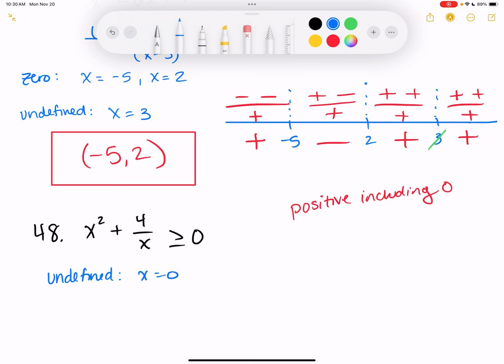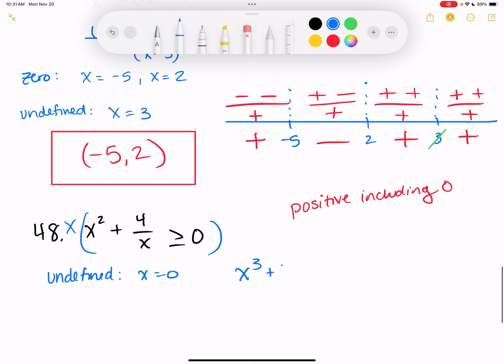So what I'm going to do is multiply this whole thing by x, because that gets rid of this x on the bottom. But I still need to note that this x equals 0 exists, because obviously there's a problem there, and I can't just say, oh, well, I changed the problem. It doesn't work like that. So this is going to become x cubed plus 4 is greater than or equal to 0.